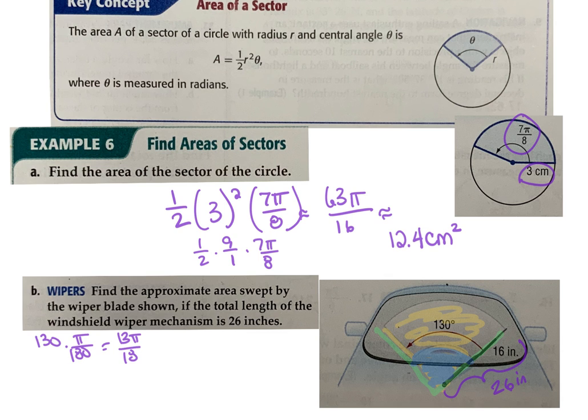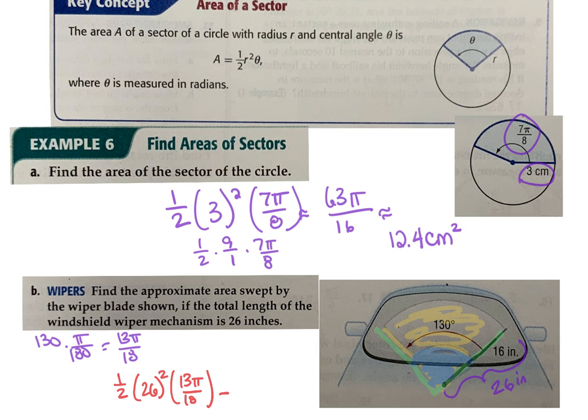So the whole thing is going to have the same theta. So it's going to be the 1/2, radius of the whole guy is 26, so 26 squared times 13 pi over 18. And then from that, I'm going to subtract the little piece.